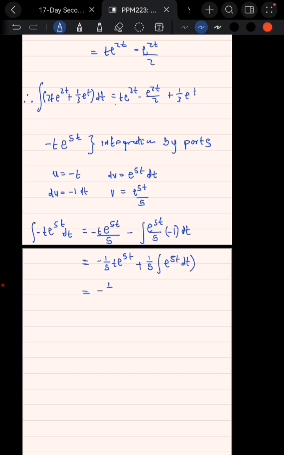Then we get minus 1 over 5 t e to the power 5t plus 1 over 5 times 5, 25, e to the power 5t.